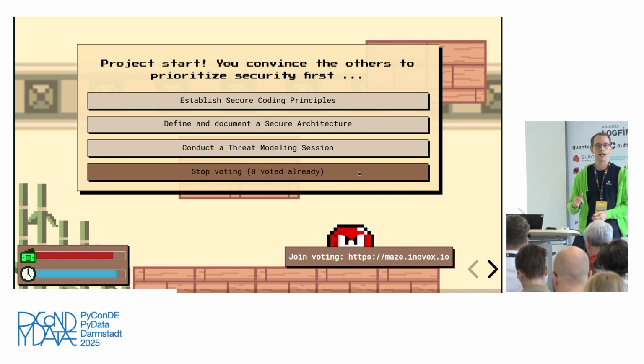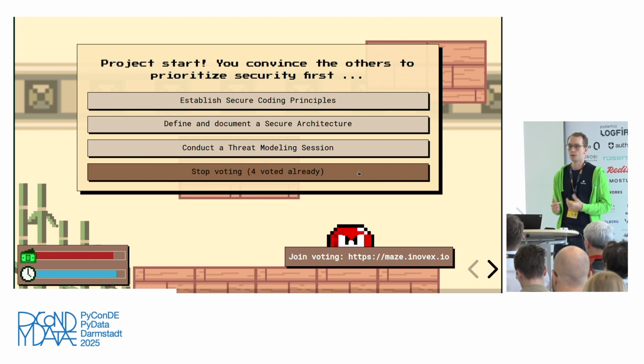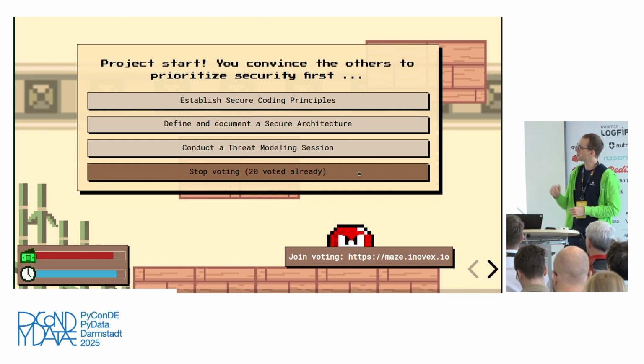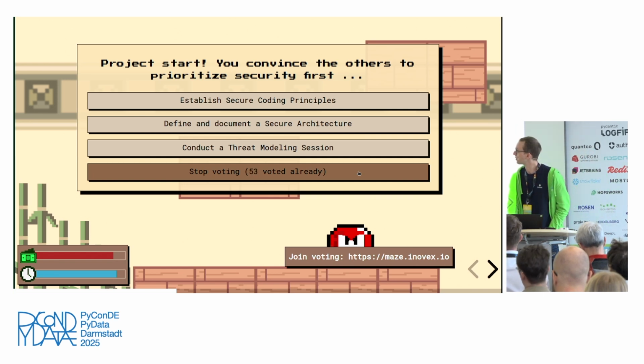So some guidelines, some checklists that everyone has to follow during coding later? Do you want to build a secure architecture, so document the whole architecture, the different parts, how they are secured? Or do you want to do a threat modeling session, so thinking about what threats can come up, what an attacker might do, and then get the right countermeasures out of that? What do you want to do?